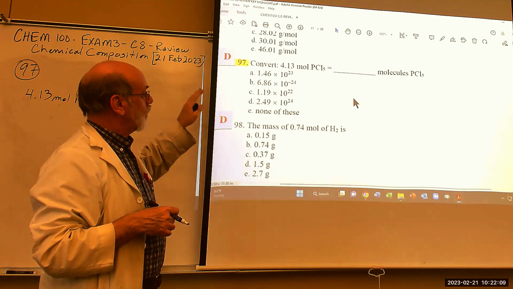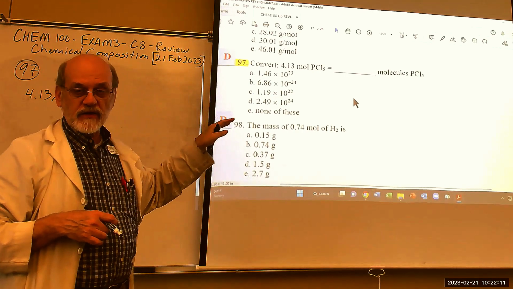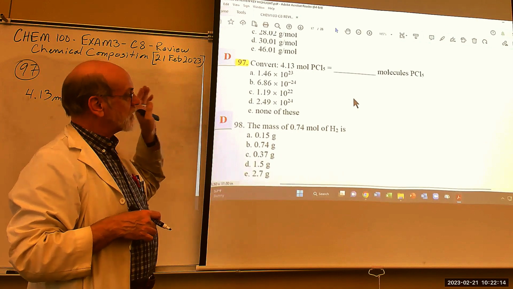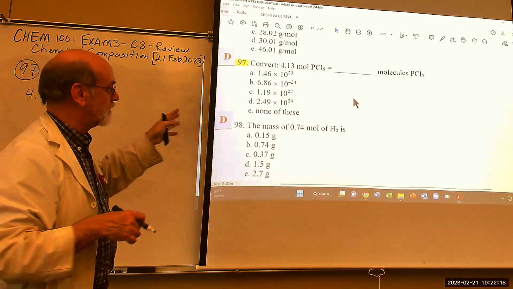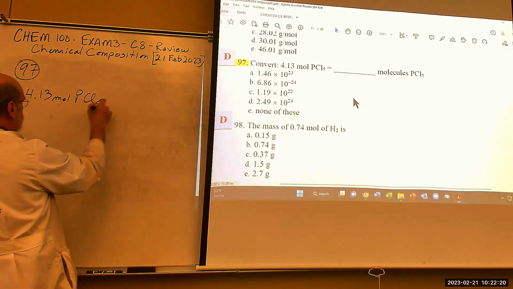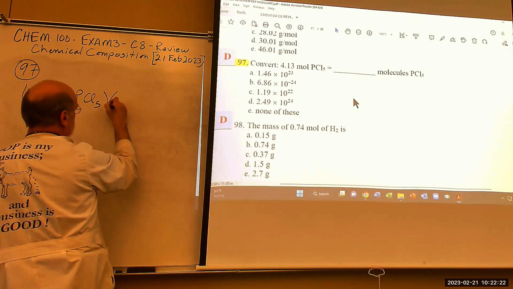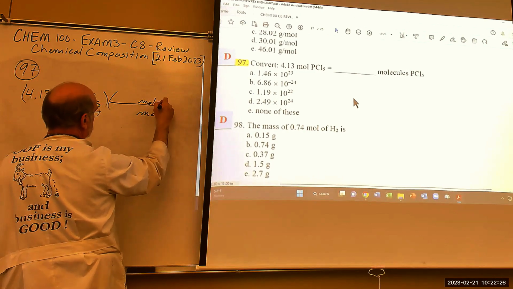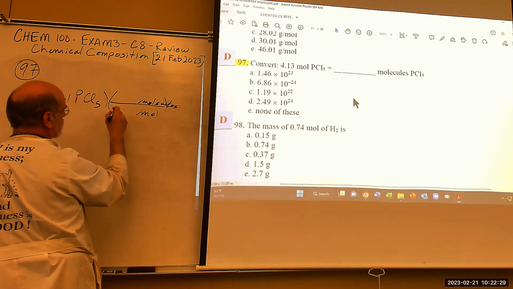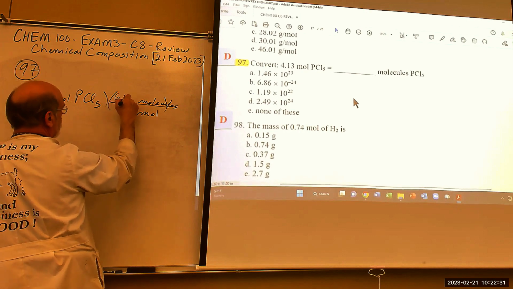If you've got 4.13 moles of the molecule, then you can calculate the number of molecules and you don't have to know that it's PCl5, because we're converting moles to molecules with the same conversion factor.